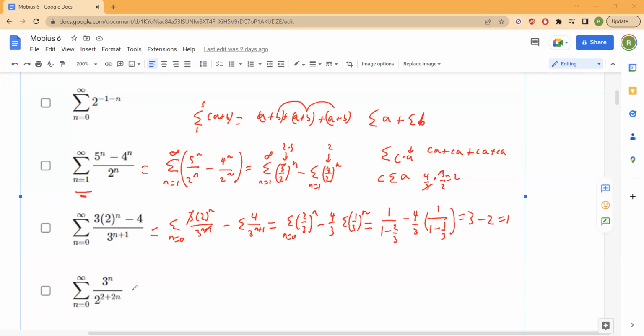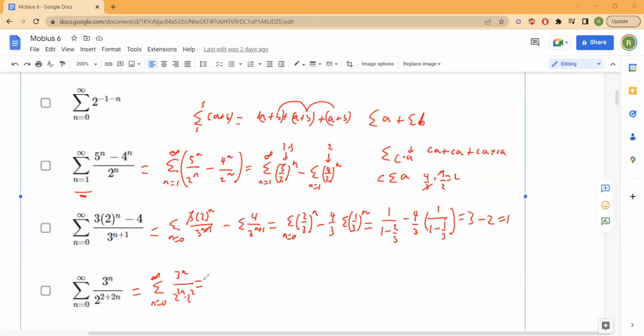Finally, we're going to get to our last example over here. It's going to be the sum to infinity, n equals 0. So again, we are going to separate our terms. It's going to be 3 to the n over 2 to the power of 2n plus 2, just like we did before. So then what are we going to do?